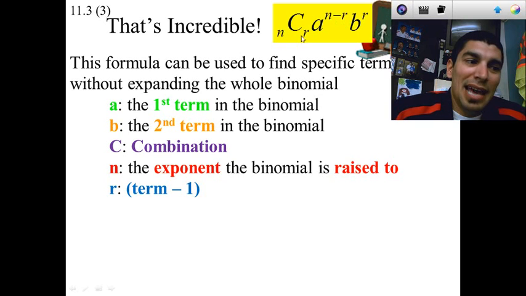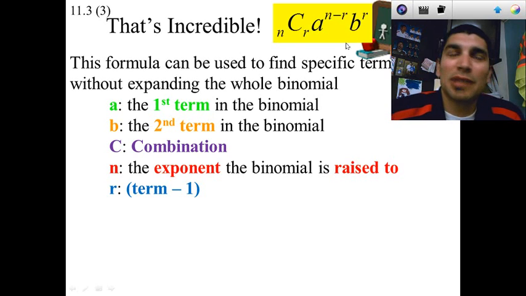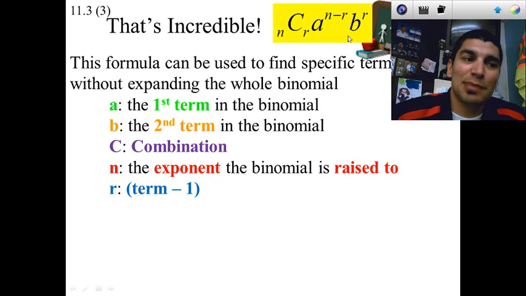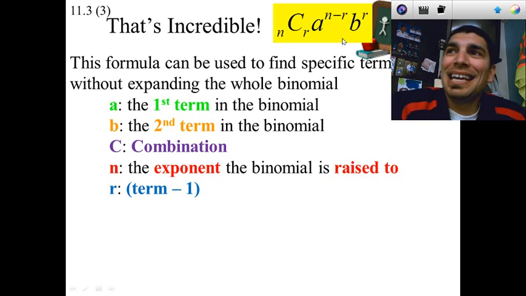N and R over here are in the basement. N, C, R in the basement. A, then the N minus R is in the attic, and the R is in the attic, if you know what I'm talking about. The C, the A, the B, they are in the house level.